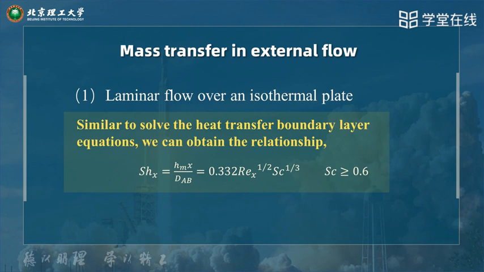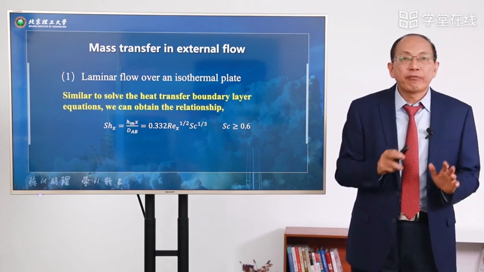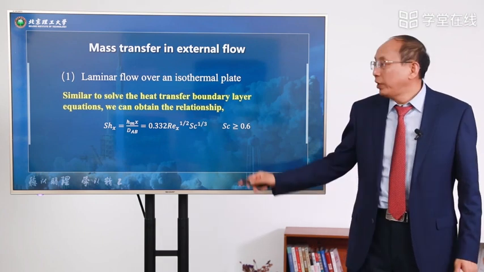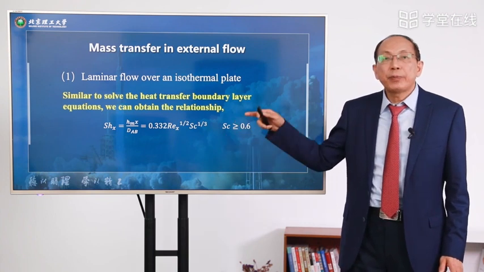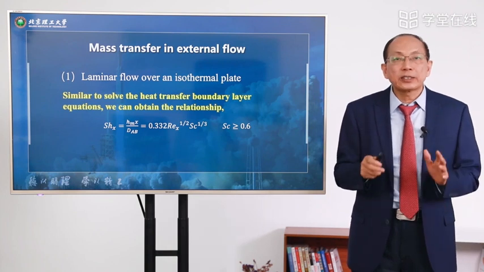The local Sherwood number, Sh_x, equals h_m,x times x divided by D_AB, equals 0.332 Reynolds number to the power 1/2 times Schmidt number to the power 1/3. The condition is Schmidt number larger than 0.6. So for an isothermal plate with laminar flow, for mass transfer, we can use this empirical equation to calculate for external flow.